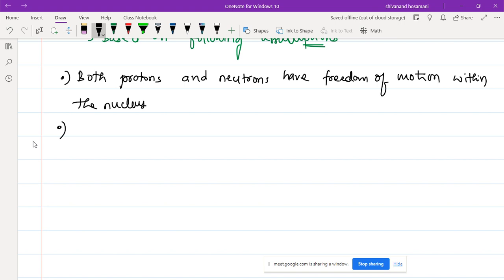Second, free movement. Nucleons, meaning protons and neutrons, are called nucleons.